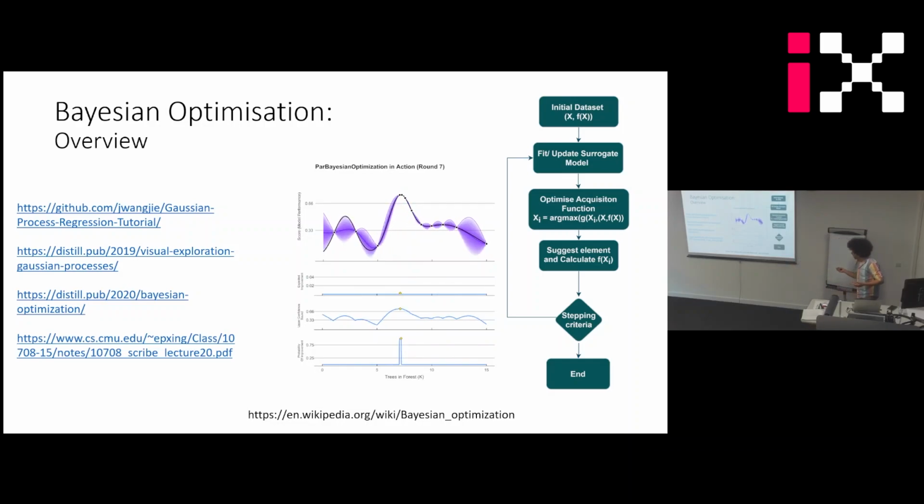I'm mainly going to be talking about Gaussian processes as the surrogate function because they give you both the mean and the variance at each point. Then you optimize the acquisition function. Basically, for choosing the next point, you consider a certain number of criteria, through optimizing this acquisition function.